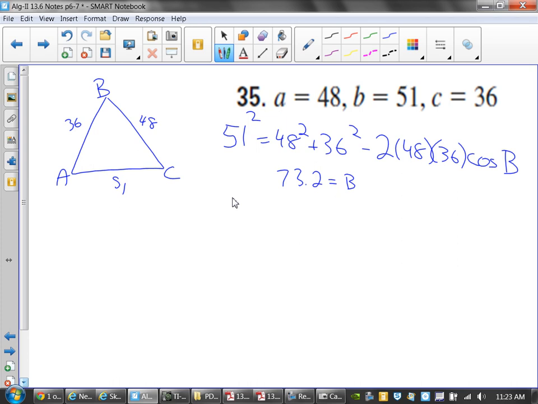You've got an acute angle. You know the angle and you know the side opposite it. If I check it with the 36, 36 sine 73.2, is it smaller than 51?